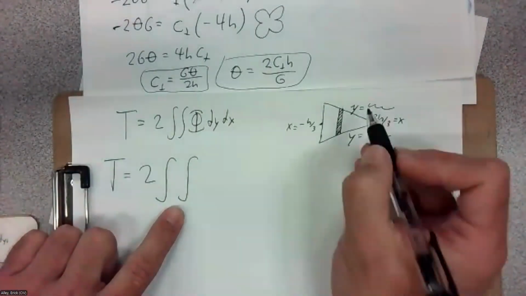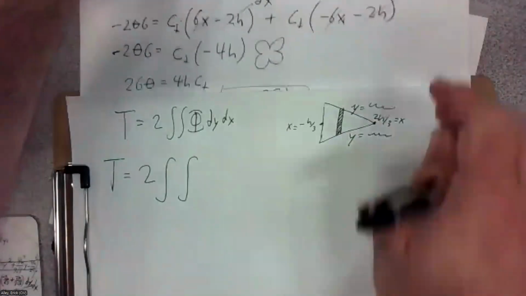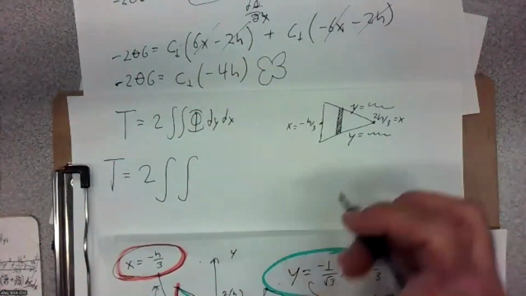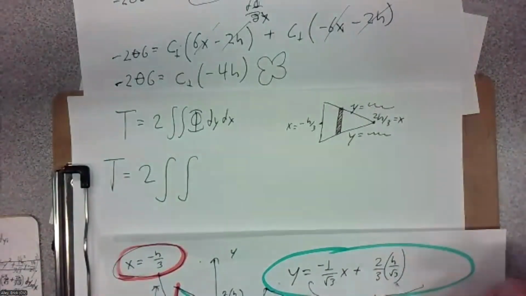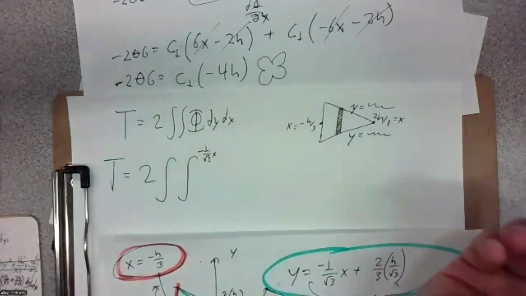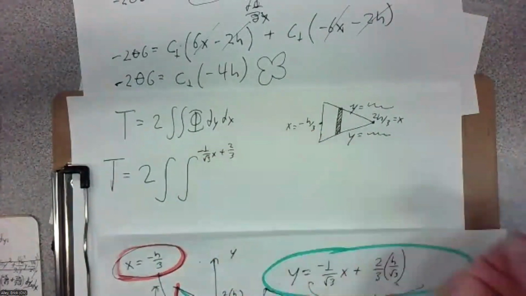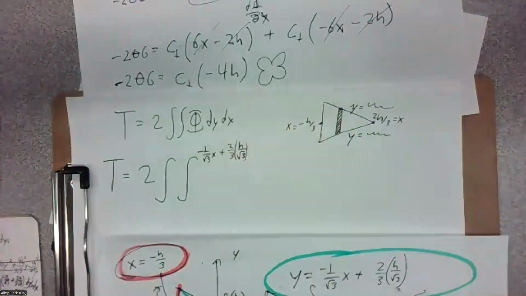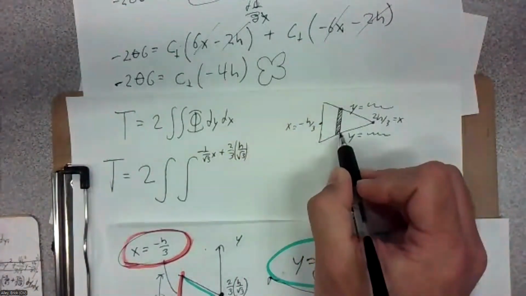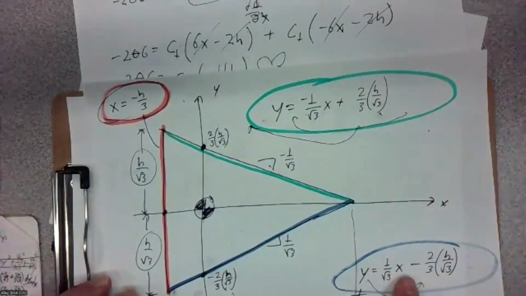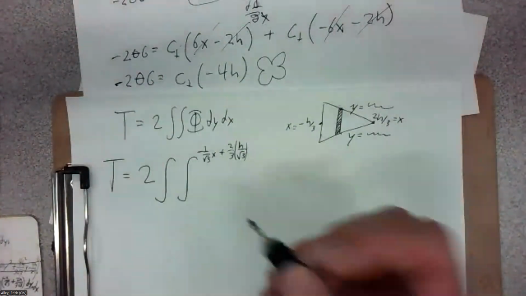So on the inner one, we're going to have to take the two y functions, the ones that we originally had back here. So the upper integrand, I guess you'd say, minus 1 over root 3 x plus 2/3 h over root 3. And then we go from the bottom to the top. So the blue equation goes in the bottom here. This guy right here for y equals on the bottom.